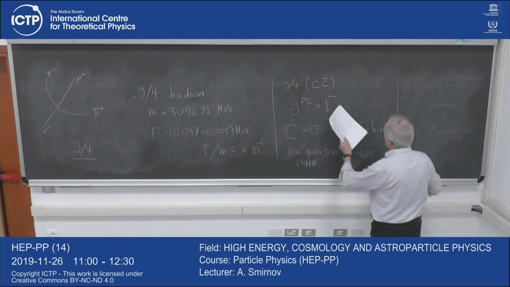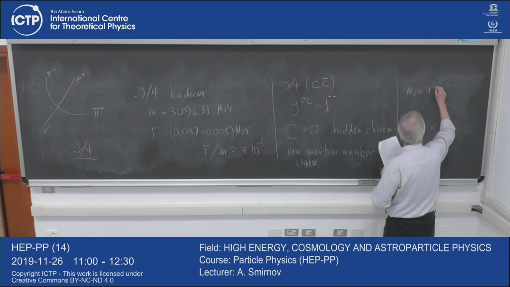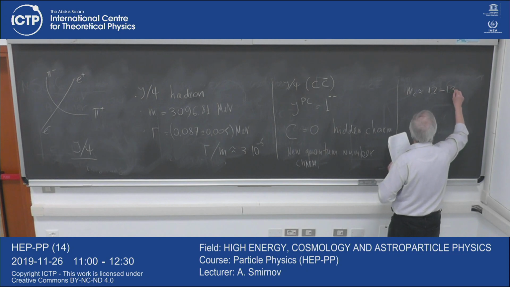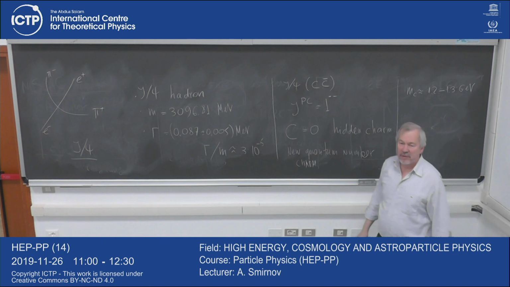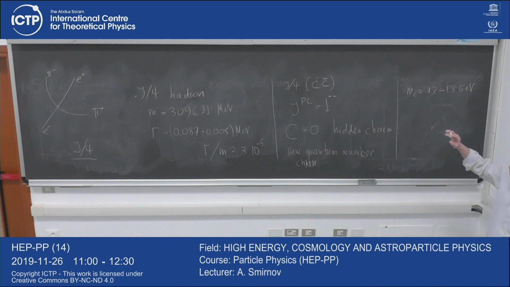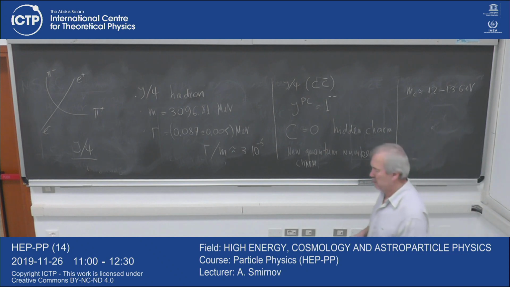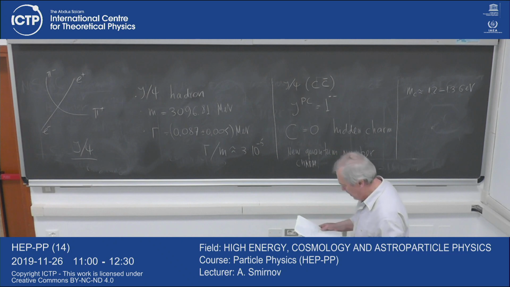The mass of the c quark is about 1.2 to 1.3 GeV. It's nearly half of the mass of J/psi, and this also means that part of the mass of J/psi is due to interactions. So it is composed of the mass of the constituent quarks plus the energy of interactions between these quarks. That's what gives the observable mass of the J/psi particle.